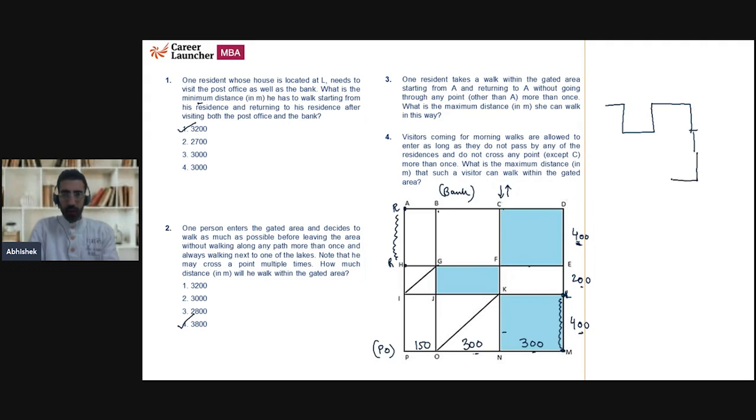L to M, M to N, N to K. K ought to be here. I'm sorry. K ought to be here. Here is nothing. And then K to J, J to O, O to P, and back to A. I think forming an H, right? That ought to be your best bet.